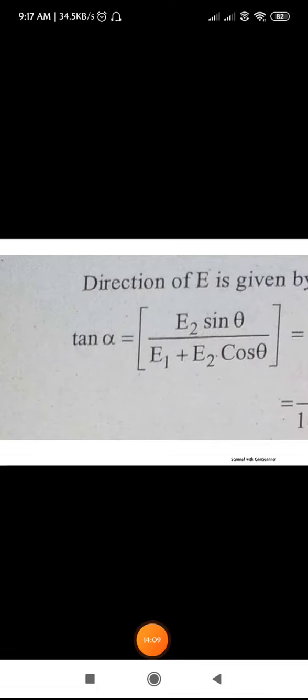I'm going to ask the answer randomly. Has anybody got the value of tan alpha?